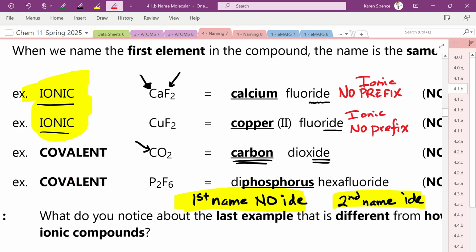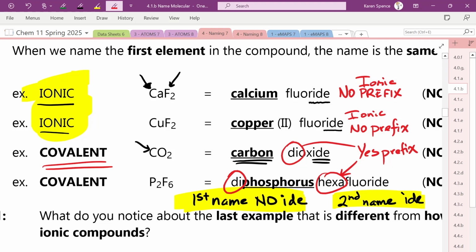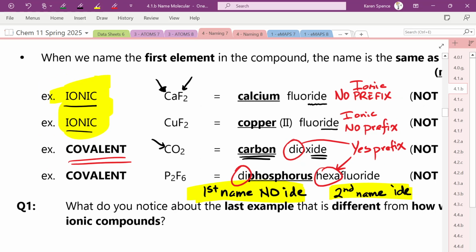But the moment it becomes covalent, yes, prefix. Okay, so we have the di and we have the hexa. Yes, prefix. And you might notice that the carbon is missing one, but we'll talk about that in a moment. So far, so good? So ionic, no prefixes. Covalent, yes, prefixes. First name, no -ide. Second name, -ide.